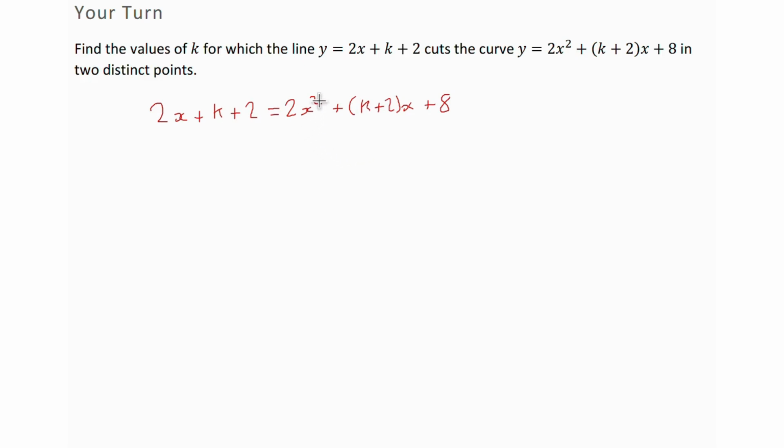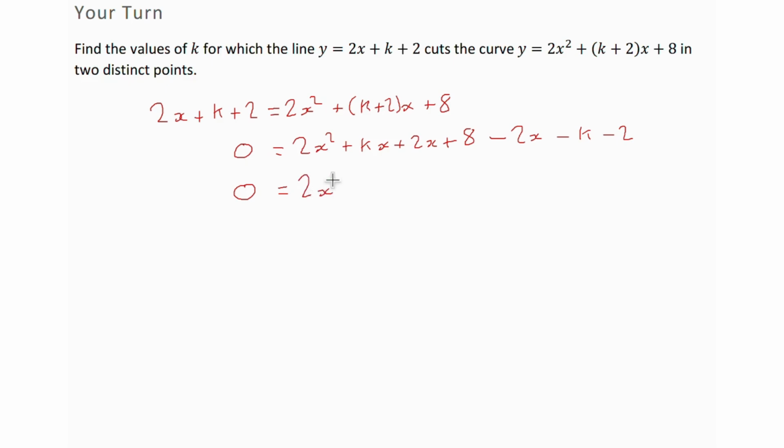This is a quadratic in x, so we're going to rearrange it and simplify it into a quadratic form. To do that, I'm going to subtract everything on the left-hand side and put it onto the right-hand side. So I've got 2x squared plus, and I'm going to expand this out a little bit, kx plus 2x plus 8, and then take away 2x, take away k, and take away 2.